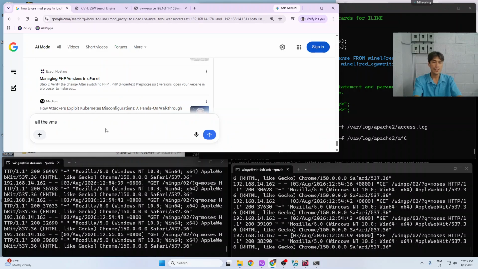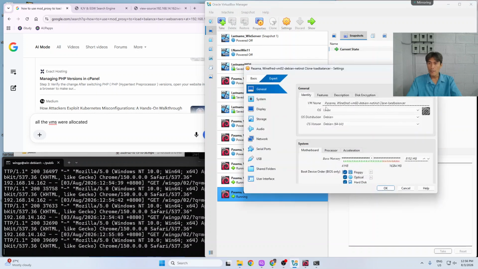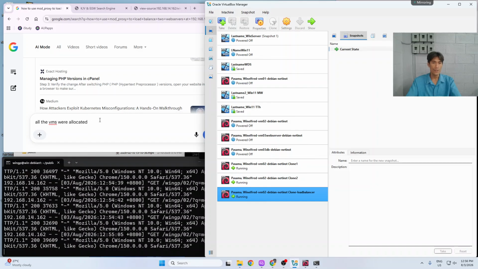Now, question is, all the VMs were allocated only, let's check. We allocated it how many CPUs? One CPU. Oh, four. Four CPUs. And we have 40 CPUs. Oh, wow, dami.